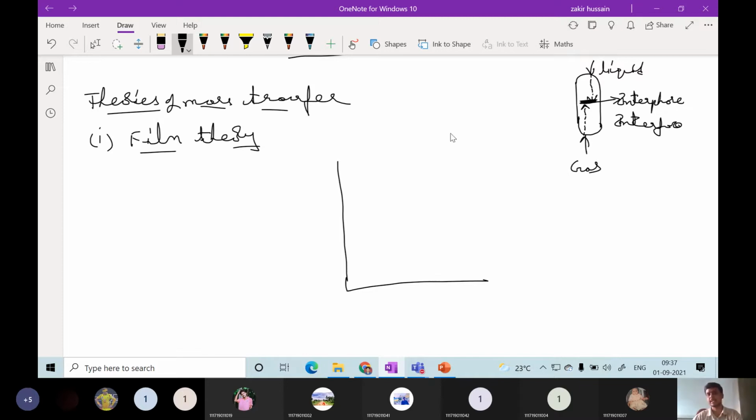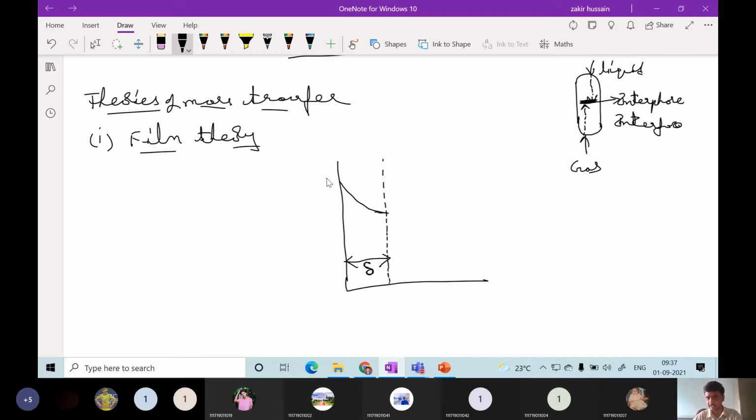What this theory says is that, for mass transfer to occur, a thin film of liquid will be formed, whose thickness will be delta. He says that an instantaneous film will be formed whose film thickness is delta. Then the concentration of component A will be reduced within the film.